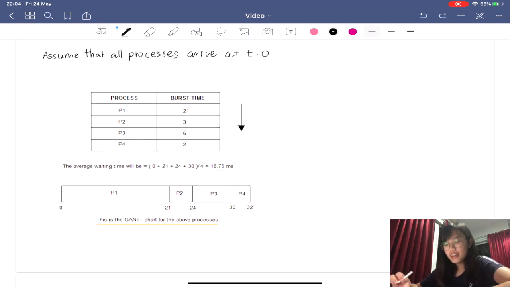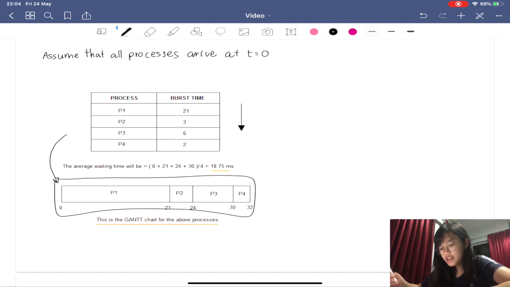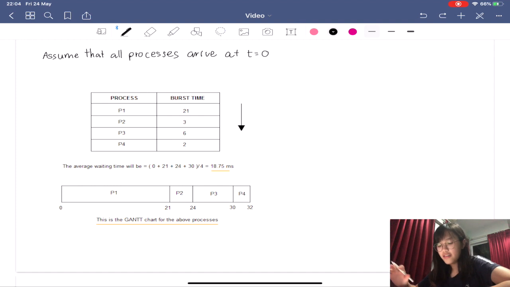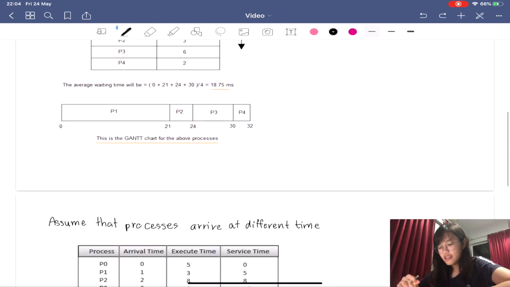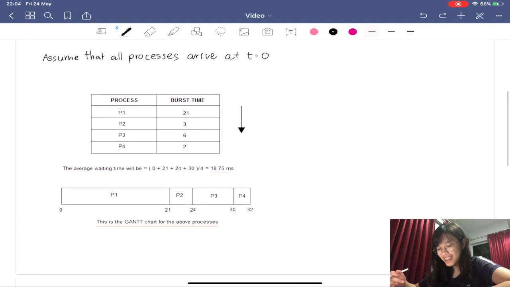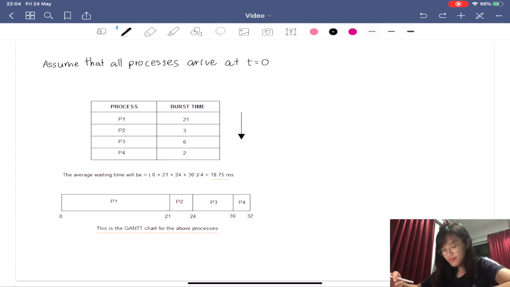So, we have to make it into a Gantt chart first. This is a Gantt chart because it will help you to visualize the processes coming in order. P1 uses a burst time of 21.